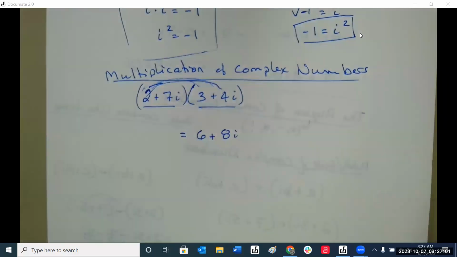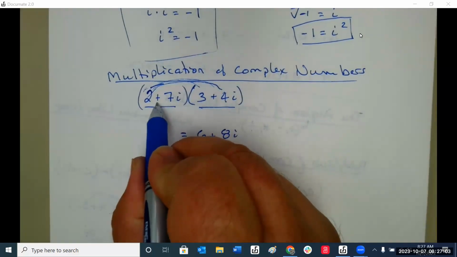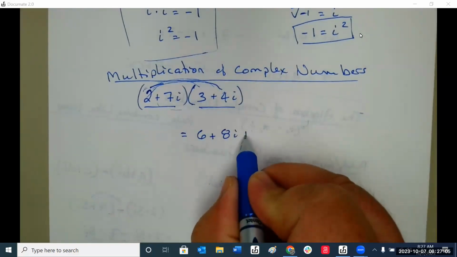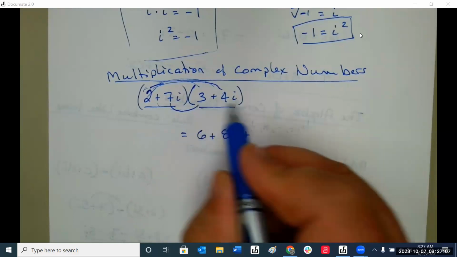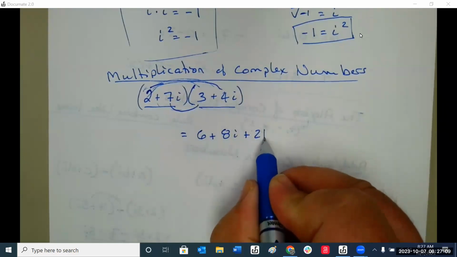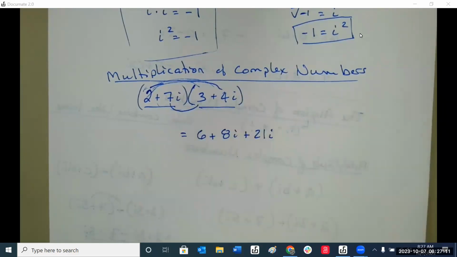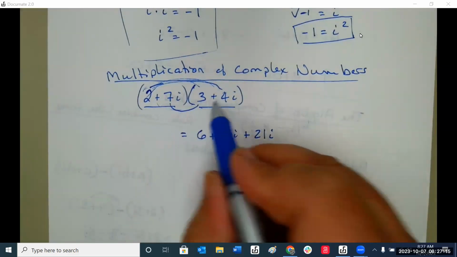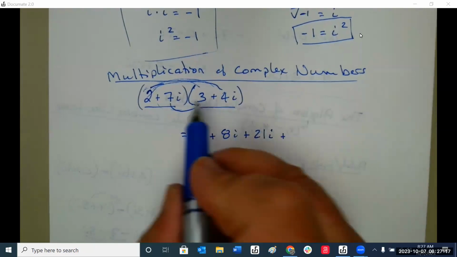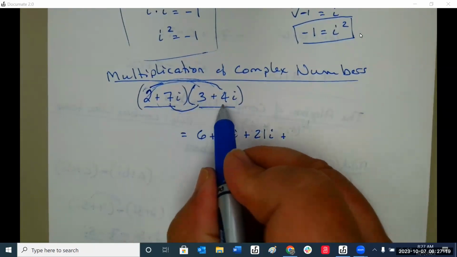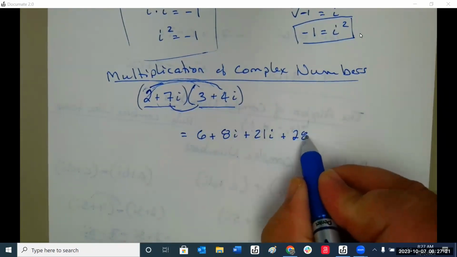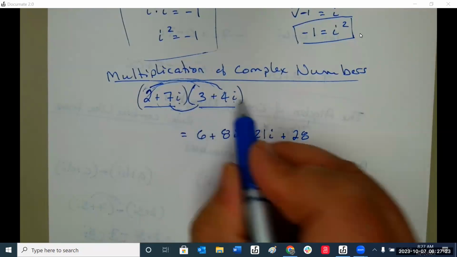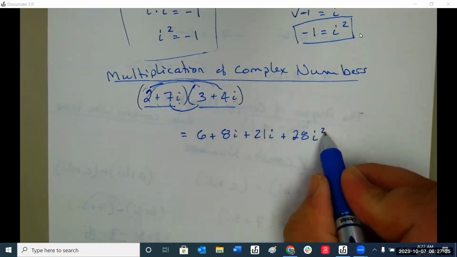That's it for that one. Now we do the other one. Positive times positive is positive. 7 times 3 is 21i. Positive times positive is positive. 7 times 4 is 28. i times i is i squared.